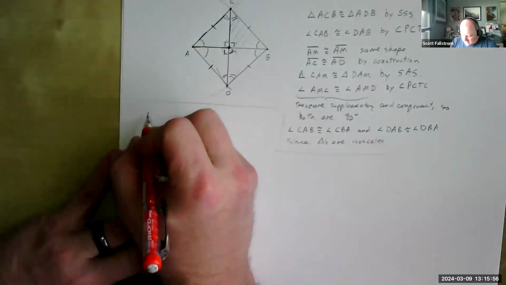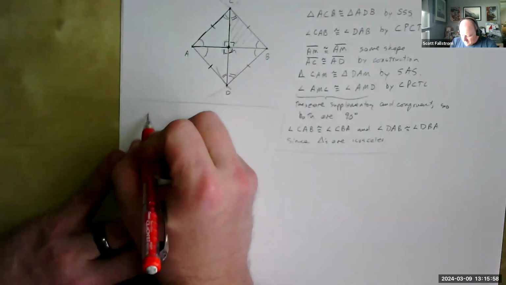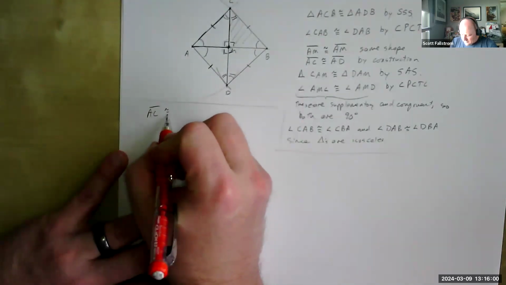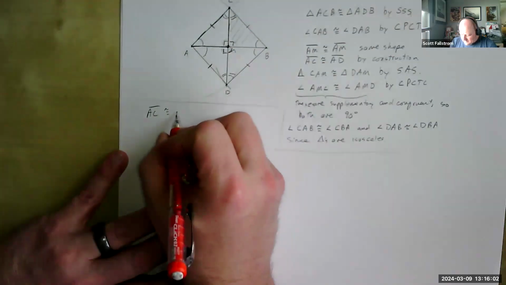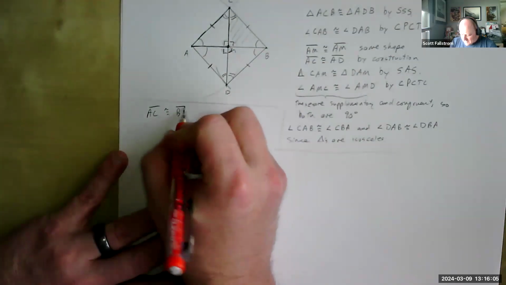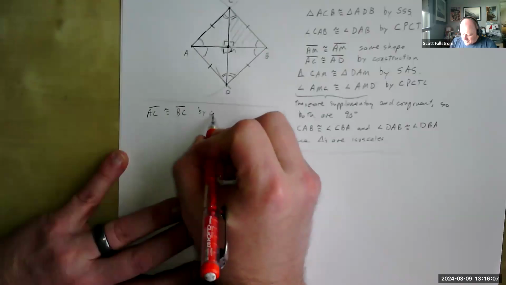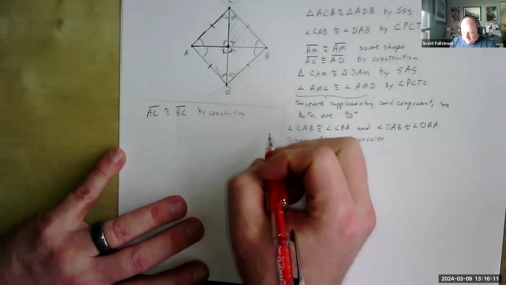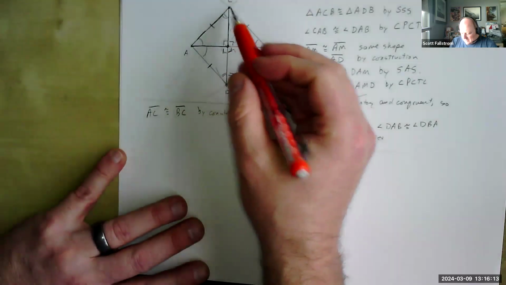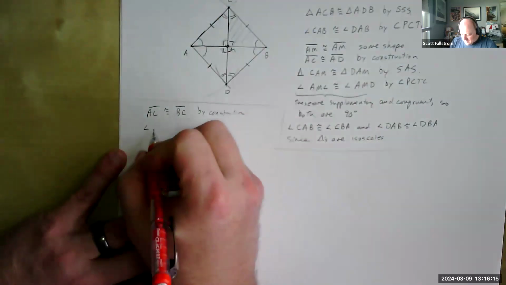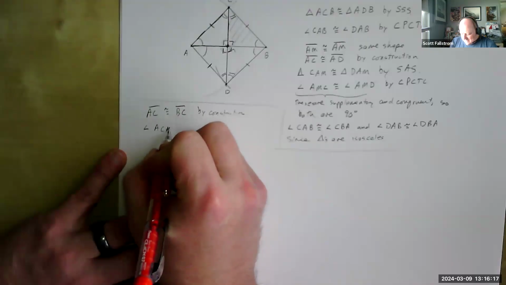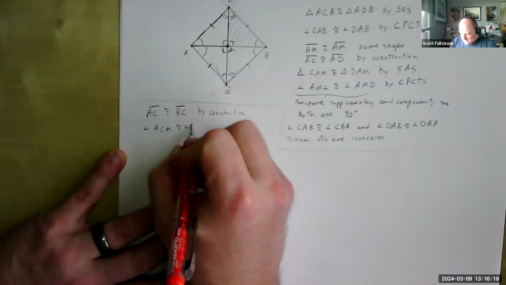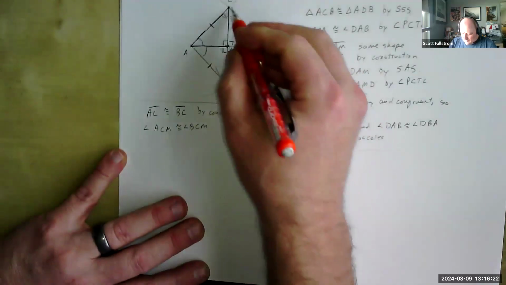I could say that we know that AC is congruent to CB. And that was by construction. And I know that angle ACM is congruent to angle BCM.